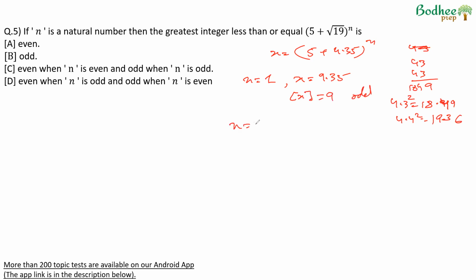If we put n is equal to 2, we are trying to find out the square of 9.35.